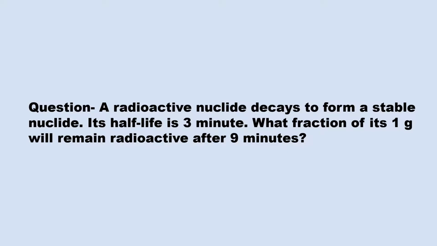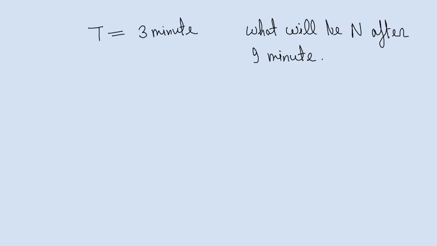So let's solve this question. Write all the given information and then we will proceed. The half-life T is given to you as 3 minutes. Half-life means the number of atoms or the substance will reduce to half of its value.